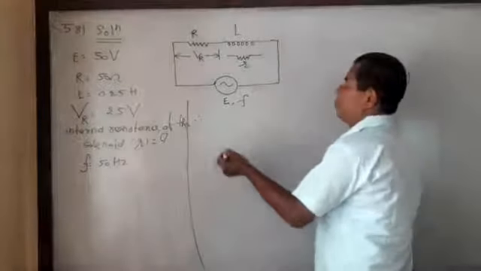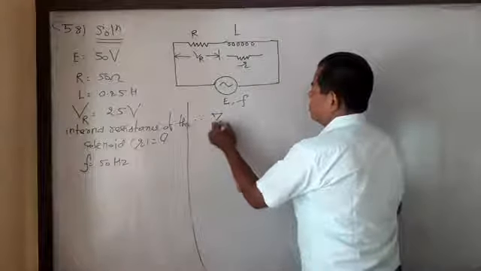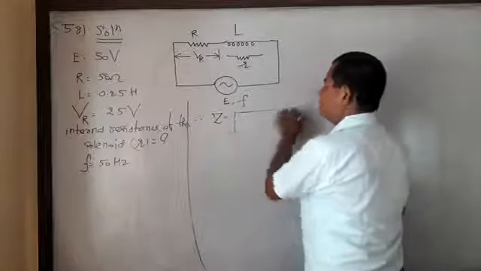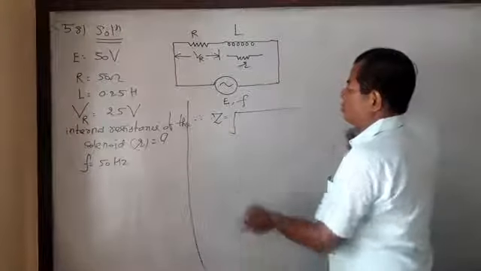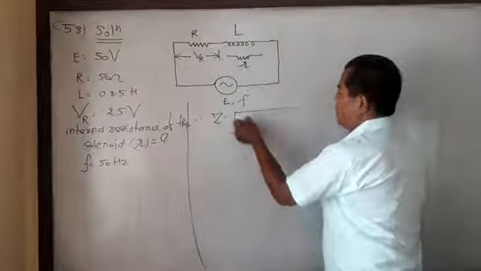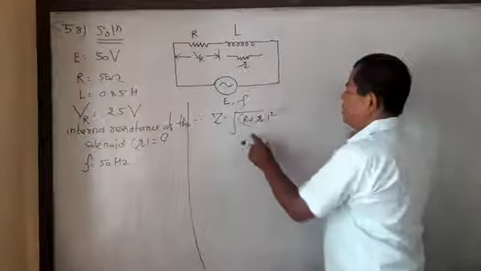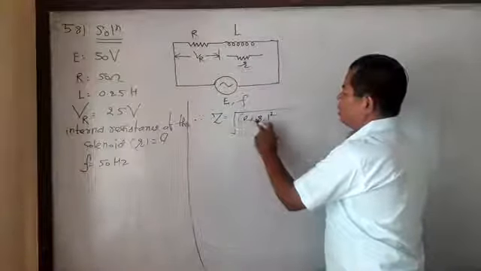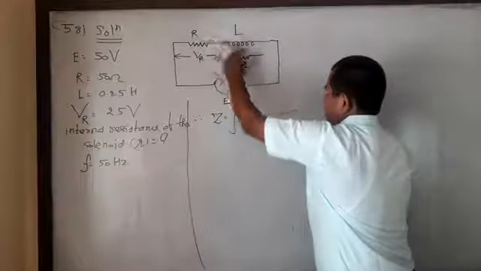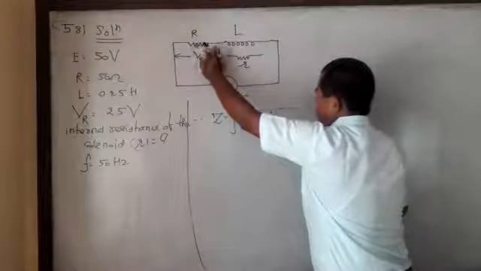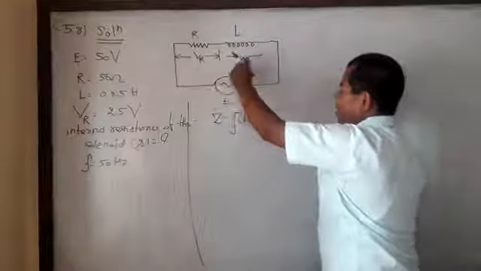Z is equal to the square root of the total resistance squared plus XL squared. The total resistance is R plus small r, according to the rule of resistances in series combination. R1 is R and R2 is small r.